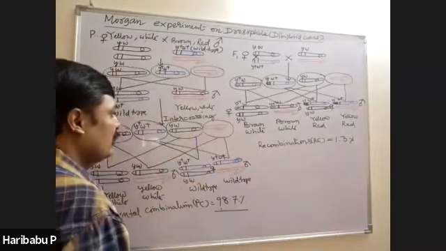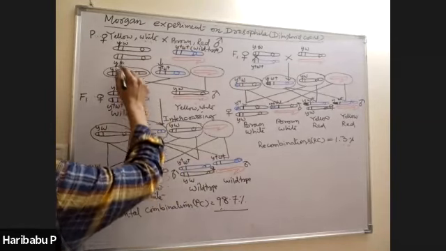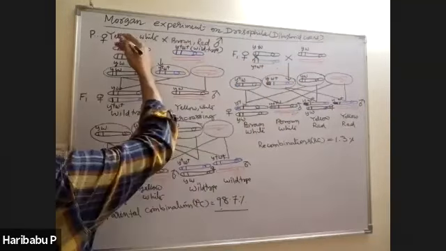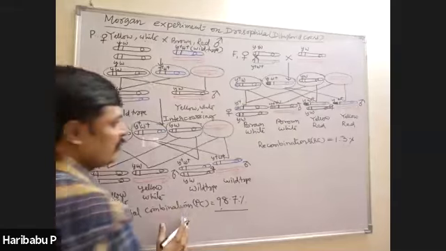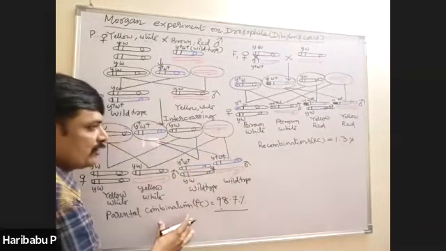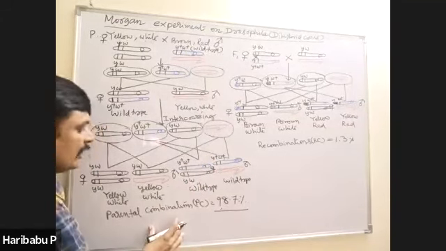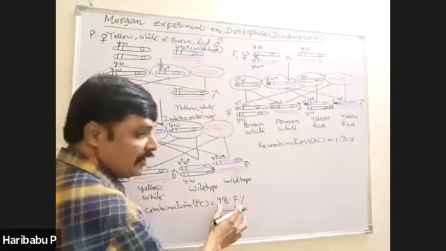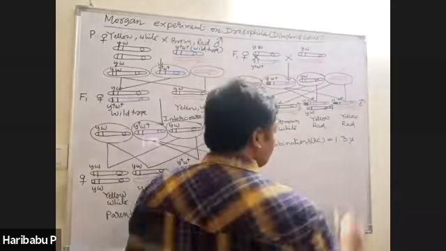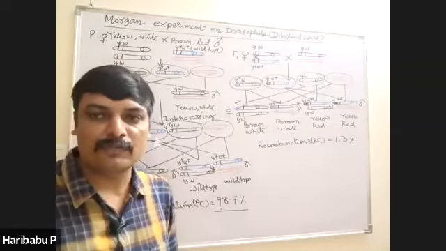The reason is the genes are closely placed on the same chromosome, therefore they do not separate during crossing over, and hence they moved en bloc into the next generation. Hence no recombinations appeared, and therefore more parental combinations appeared. In this cross, the percentage of parental combinations is 98.7%. You should remember these are exact figures. And the recombination percentage is 1.3%. So this is about the first cross.